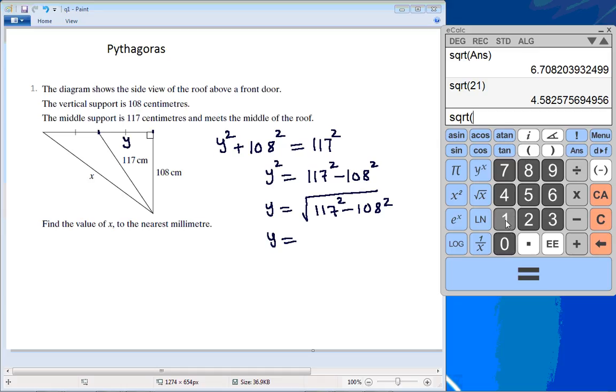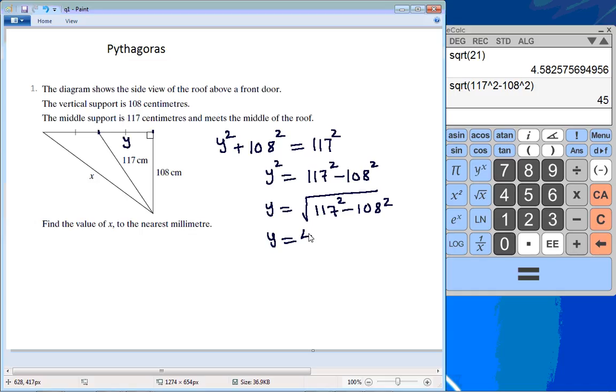So we have 117 squared, minus 108 squared, close the bracket, and equal sign. So we get y equal to 45 from the calculator.